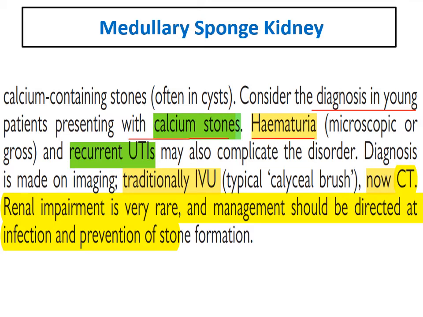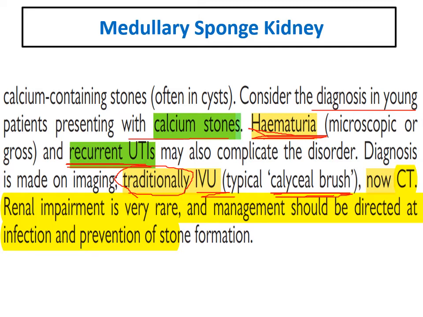Hematuria is a common presentation. Hematuria can be present with stones or without stones. And recurrent UTI is a very frequent finding. Diagnosis is made by imaging. Traditionally, in the past, it was mainly on intravenous urography with a typical caliceal brush or paintbrush finding.